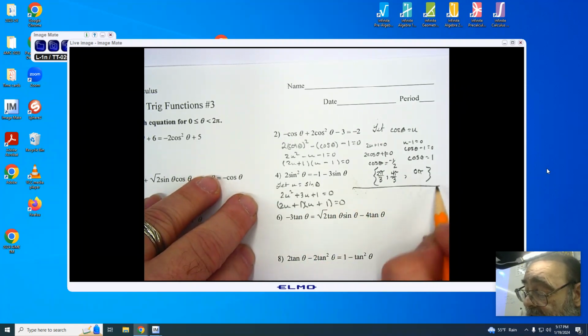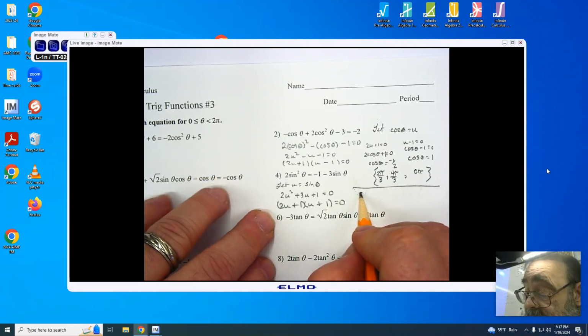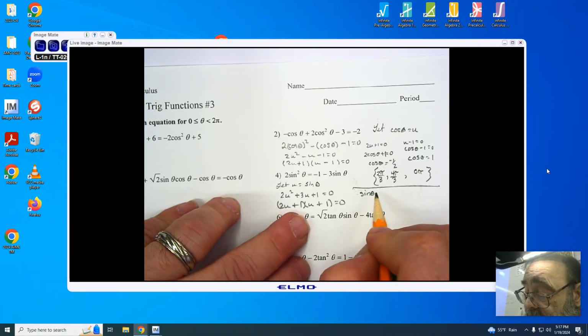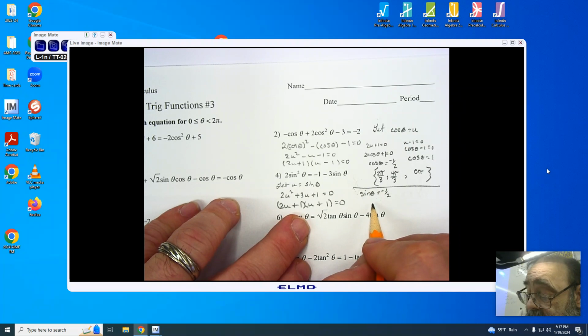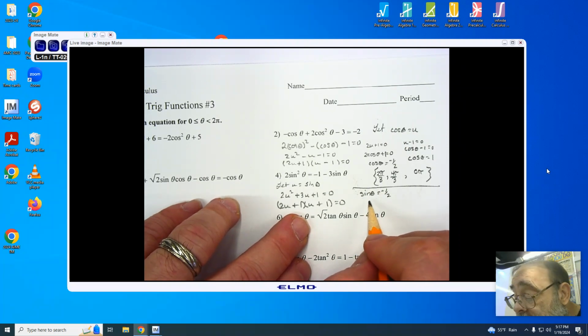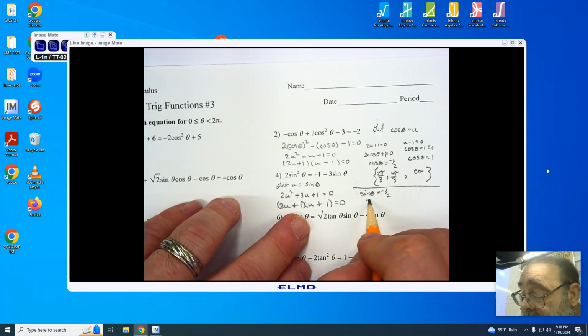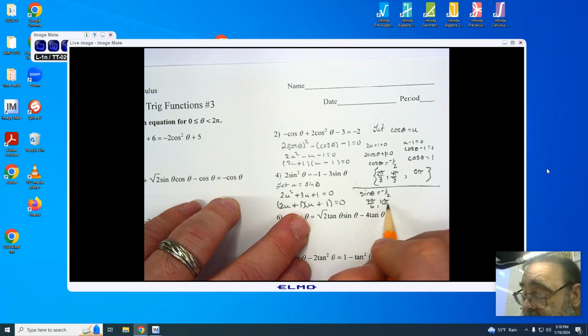I therefore have sine of theta, and when I solve, I end up having -1/2. That's a pi over 6 reference angle in the third and fourth quadrant, and therefore I have 7 pi over 6 and 11 pi over 6.